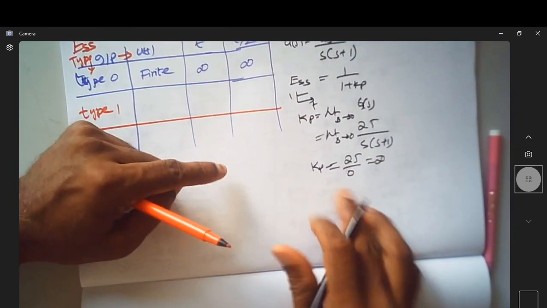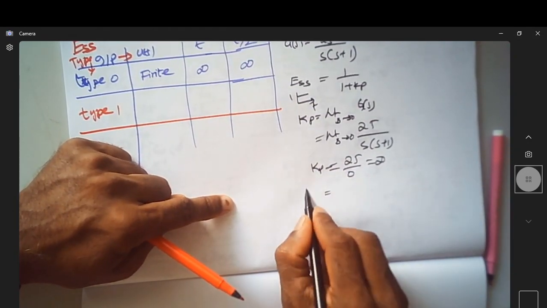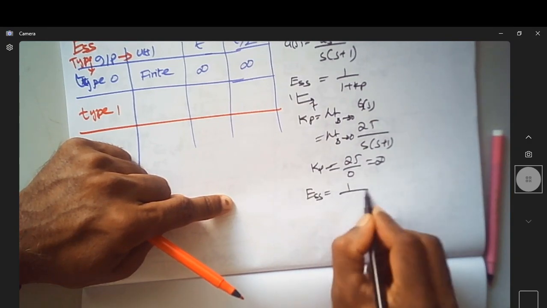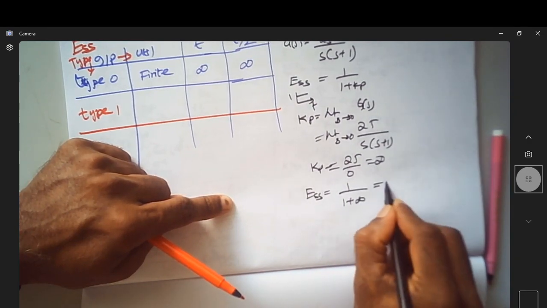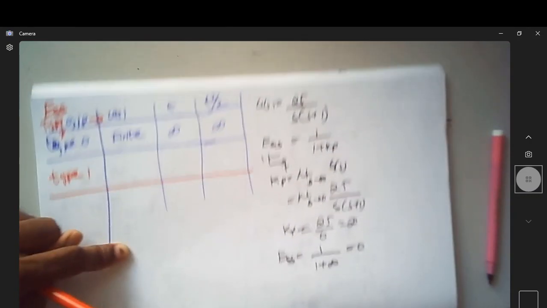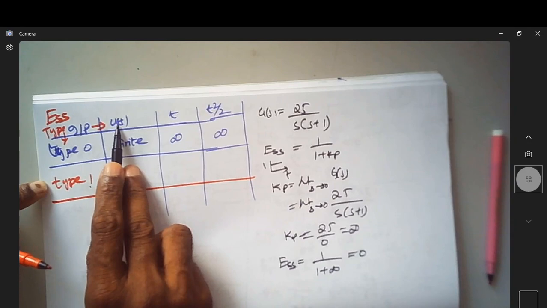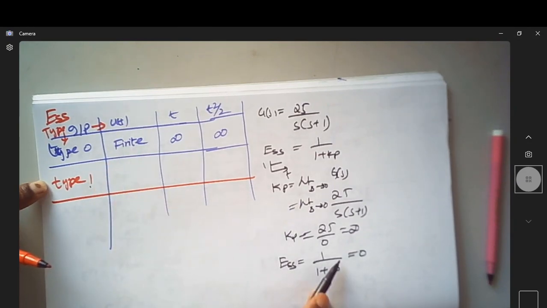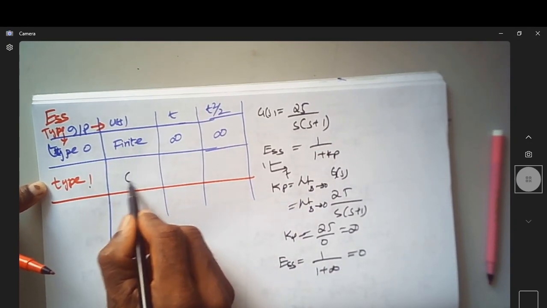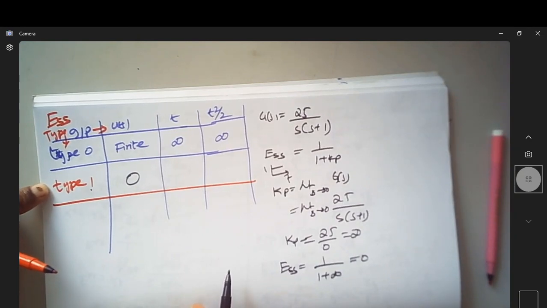When this is infinite, what is ESS? ESS is 1 over 1 plus infinity. This will become 0. So for a type 1 system, if you have a unit step input, the ESS is 0.